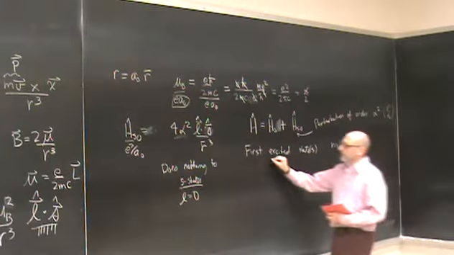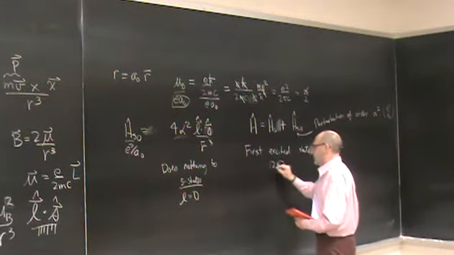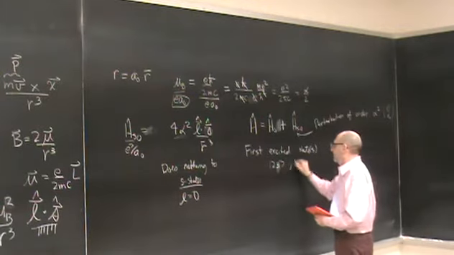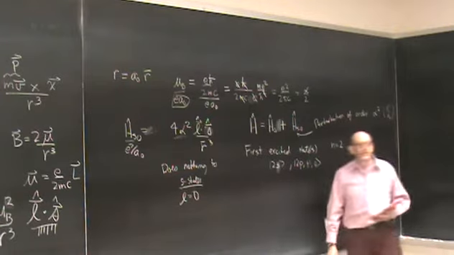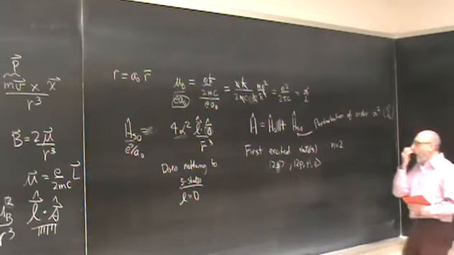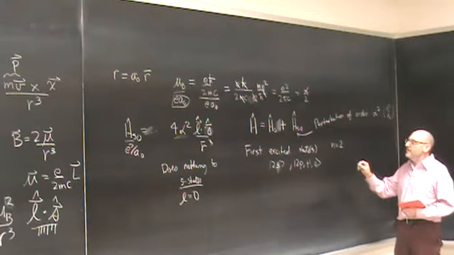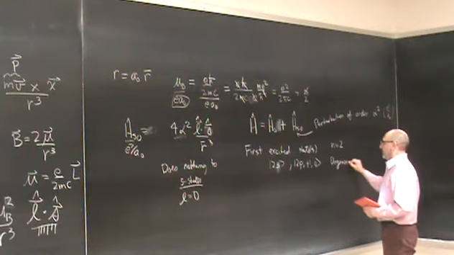There's the 2s, and there's the 2p with m equals plus 1, minus 1, 0. Those are the four states here. Now, this we have to think about degenerate perturbation theory.